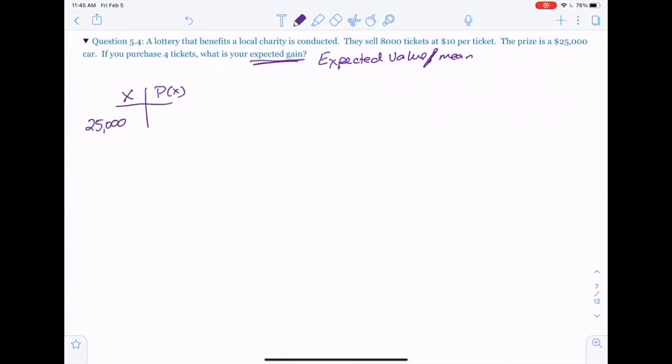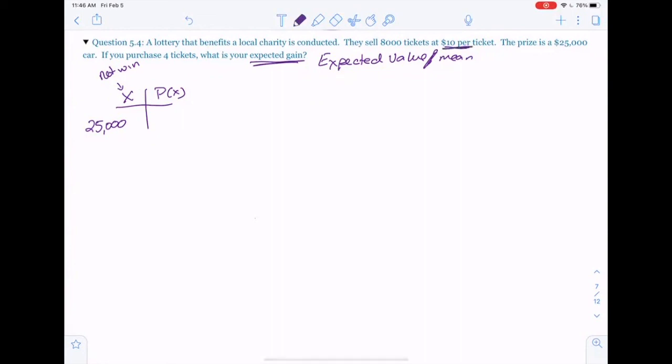However, whenever you do these kinds of gambling or lottery examples, this outcome is really your net win. We're looking at our net win because every time you gamble or participate in a lottery, you have to pay money, in this case, $10 per ticket for 4 tickets just to be entered into this.